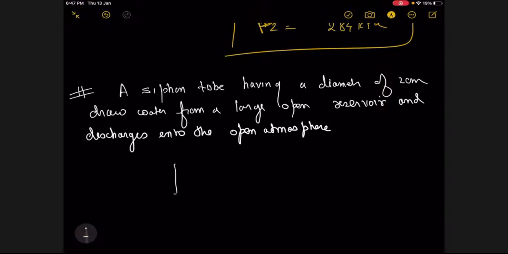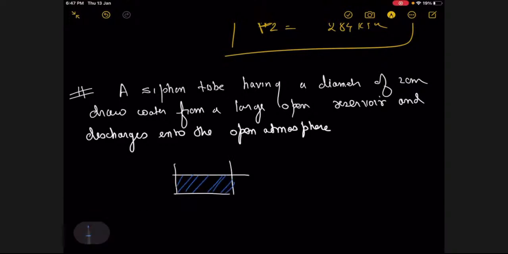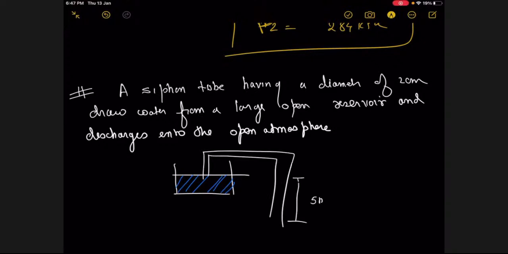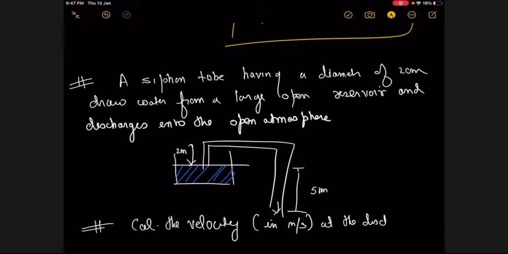Diagram is given. So you have to calculate the velocity in meter per second at the discharge point.